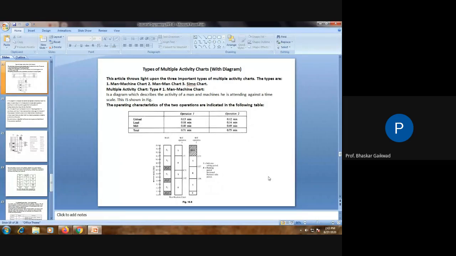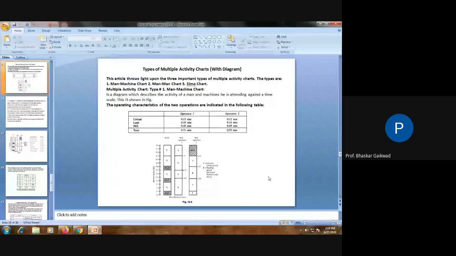Here S indicates the setting times, and the hatching lines indicate the running periods, as shown in these figures for machine number 1 and machine number 2.